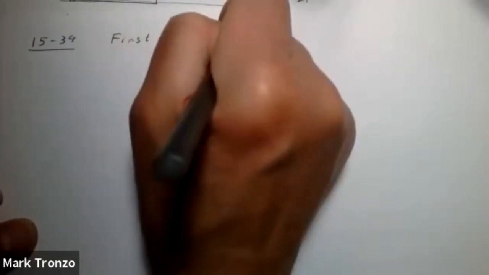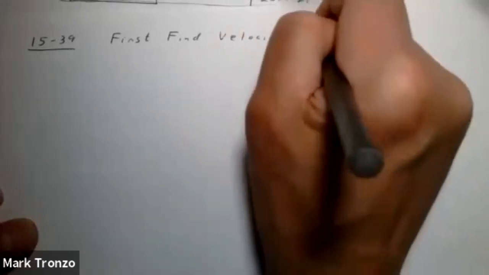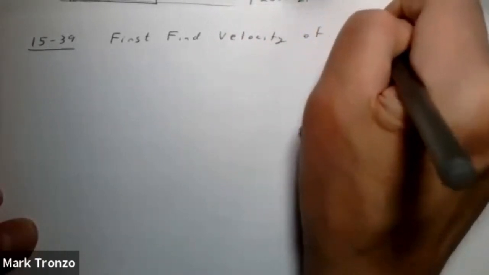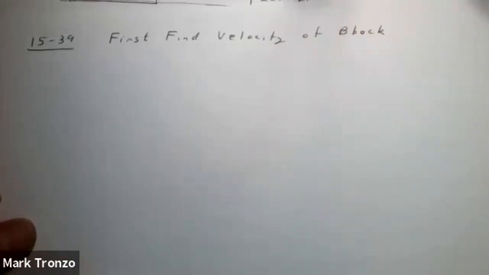So let's think of the plan here. First, find the velocity of the block with the bullet inside.